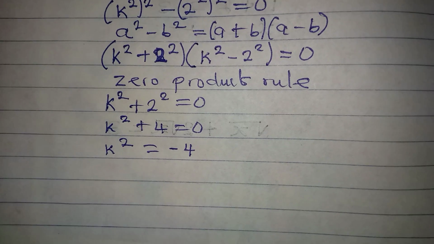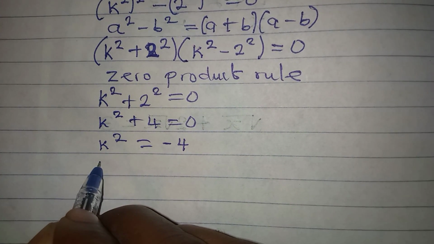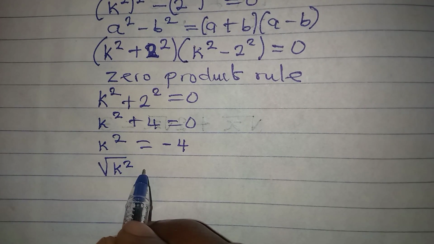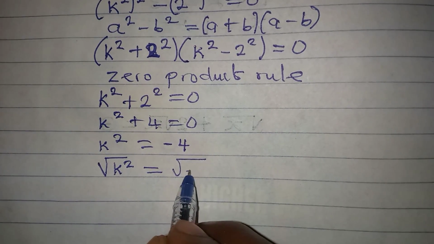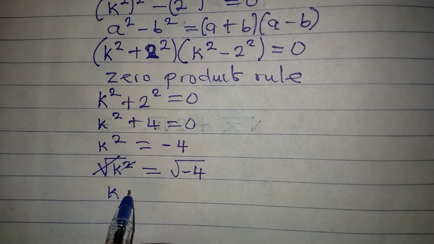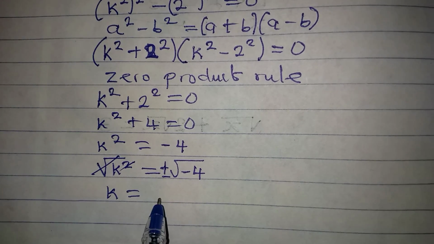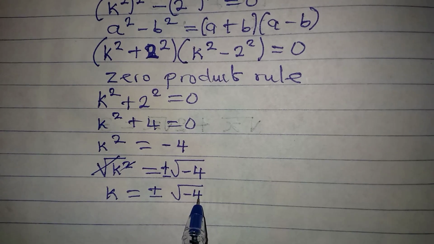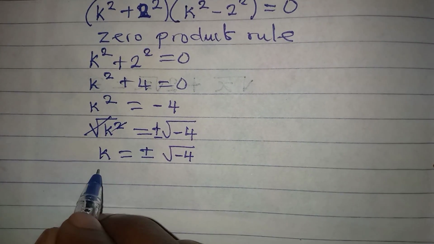Remember that we are getting all the 4 solutions. So, to get the value of k from here, we take the square root of both sides. The square root of k squared cancels, and k is equal to plus or minus the square root of negative 4. Now, let me take out the negative from there.